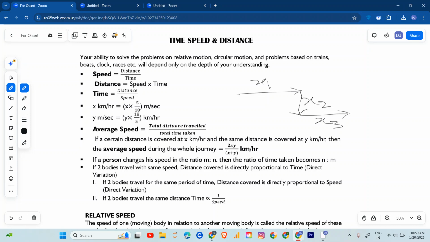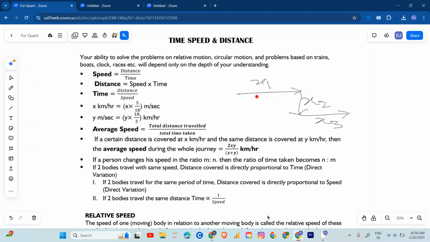The speed is not changing in a particular distance. So in x1 we are going with constant speed, in x2 we are also going with constant speed, but it may not be equal to the speed of x1.